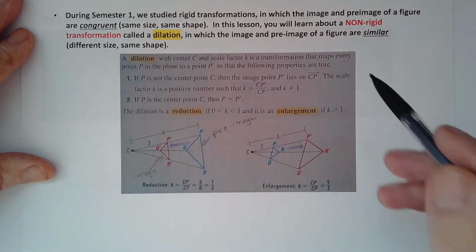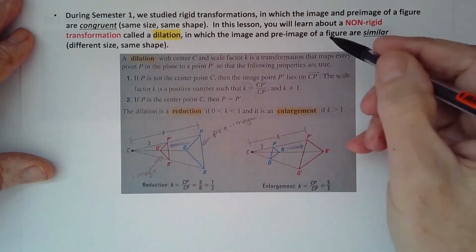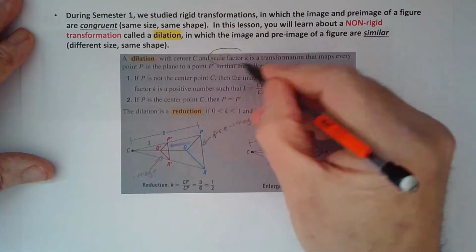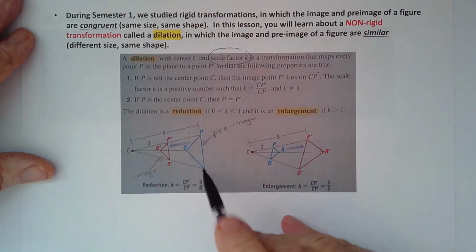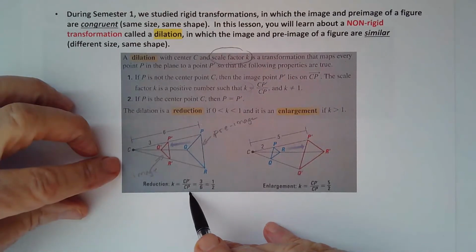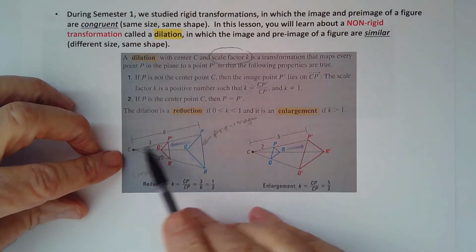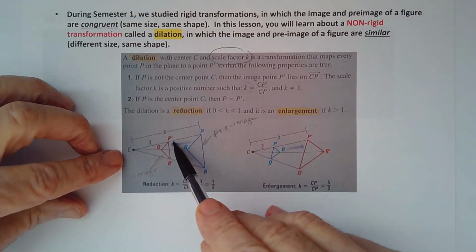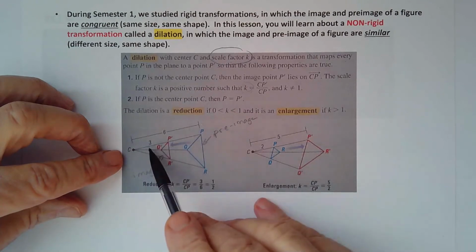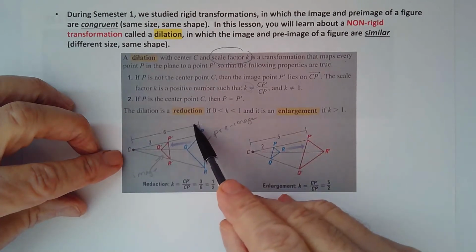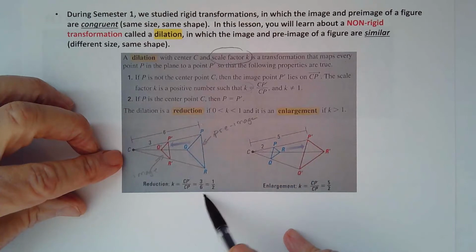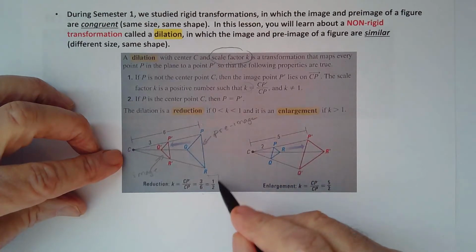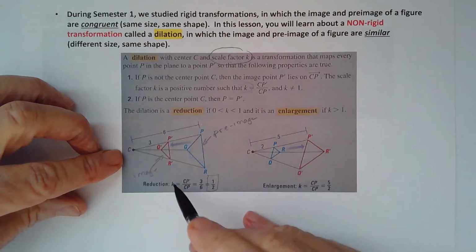K is the scale factor. Okay, the scale factor here is formed by saying C to P prime divided by the whole thing, or 3 divided by 6, which is what shows here, equals 1/2. And so this is the scale factor, that K.